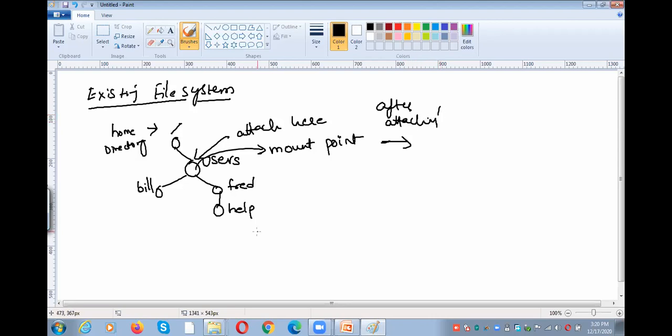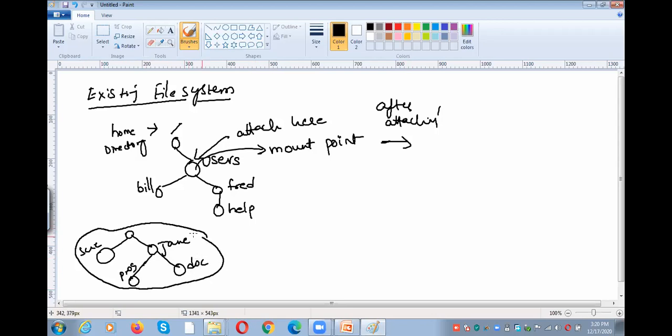Next, what do you want to attach? Maybe you want to attach this one: Sue, and then Jane, and under Jane it has frog, and the second one is dog. This one you want to attach under users.